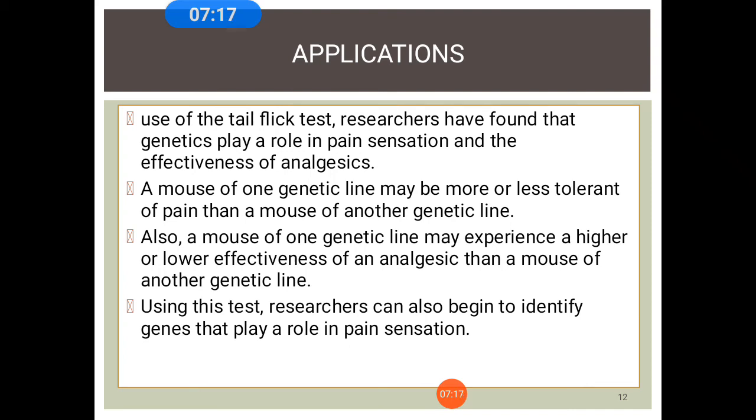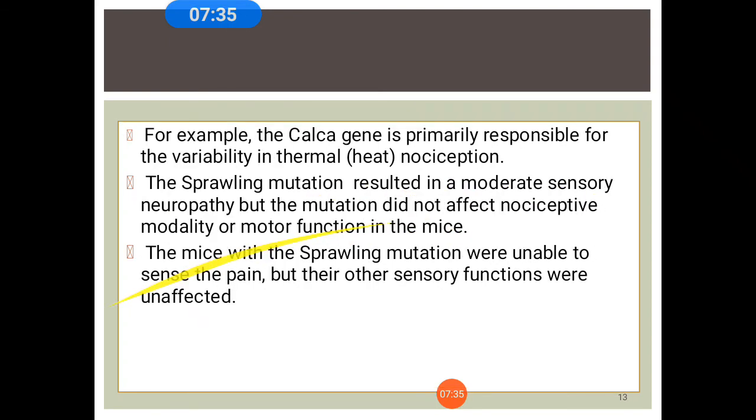Also, a mouse of one genetic line may experience a higher or lower effectiveness of an analgesic than a mouse of another genetic line. So using this test, researchers can also begin to identify genes that play a role in pain sensation.